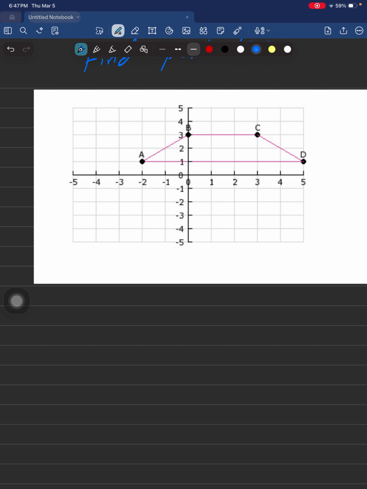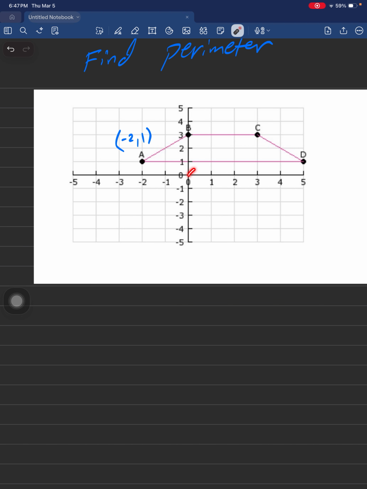So the point will be like this: -2, 1. For B, we need to start from 0, then rise 1, 2, 3. As we notice here, there is no run.